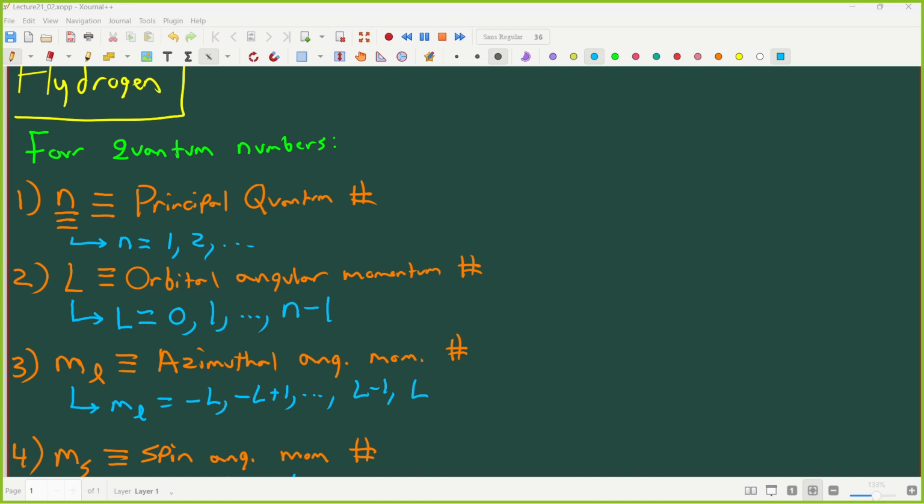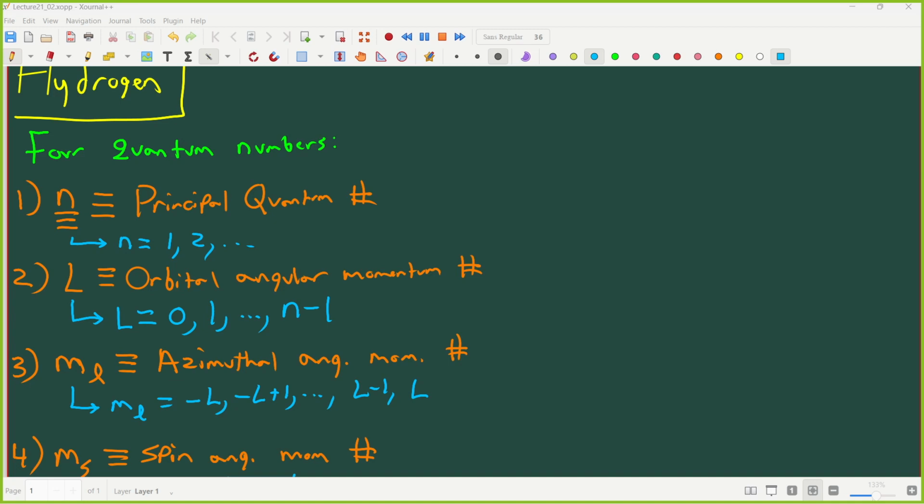We have the big one, n. That's the 1 in 1s. It can be any number from 1 and up. This is what we call the principal quantum number. And this comes from the radial part of the function. The idea is that each of these n's corresponds to an orbit of the electron of different radius, and in fact, this is the way that Niels Bohr came up with it.